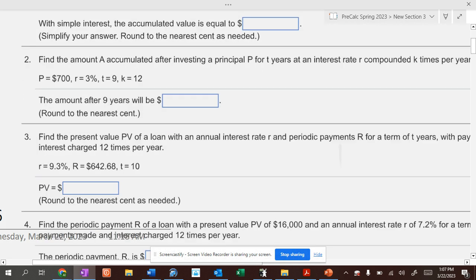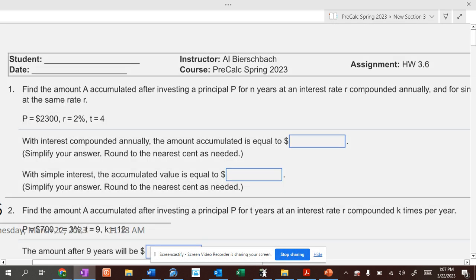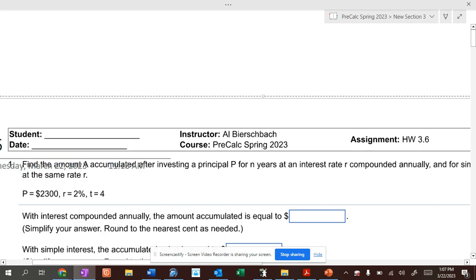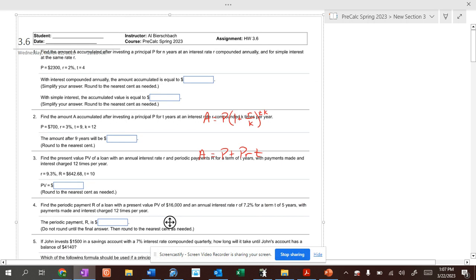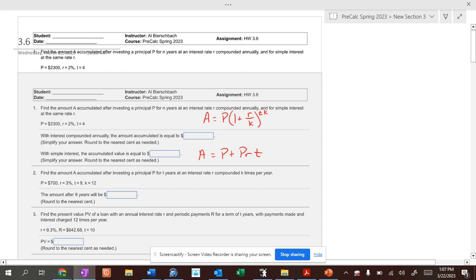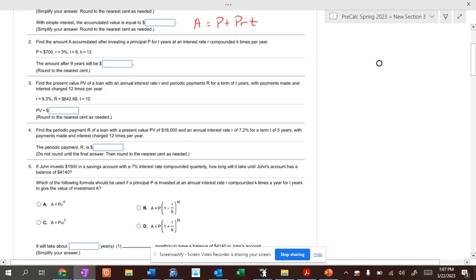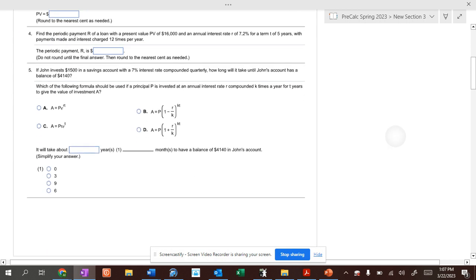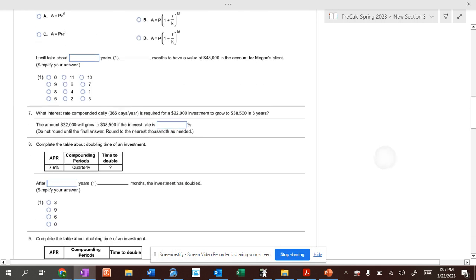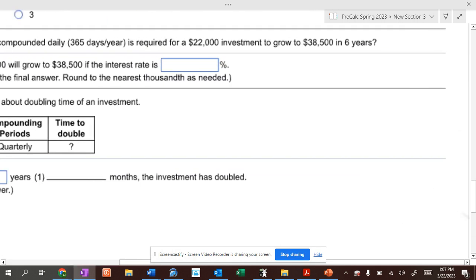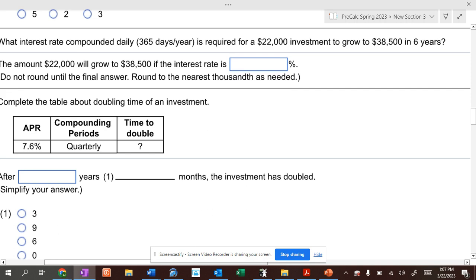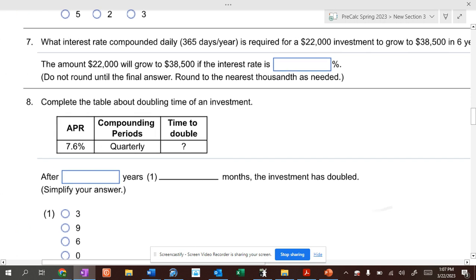Hopefully you have that formula. But the APR one tends to be a little confusing for some people.